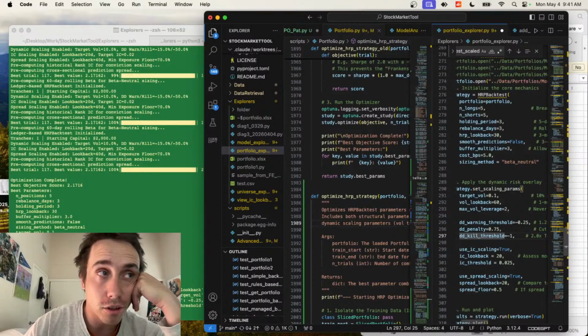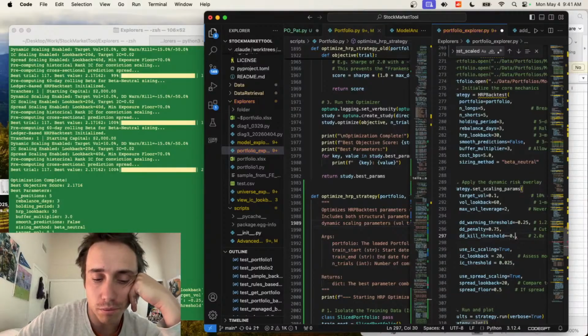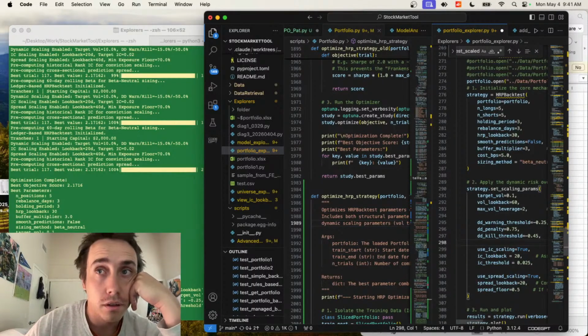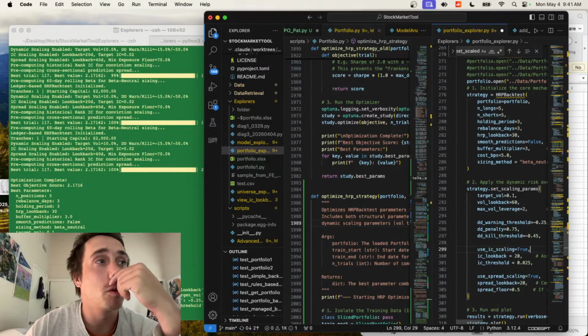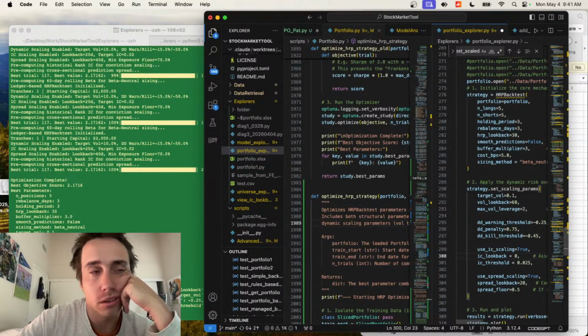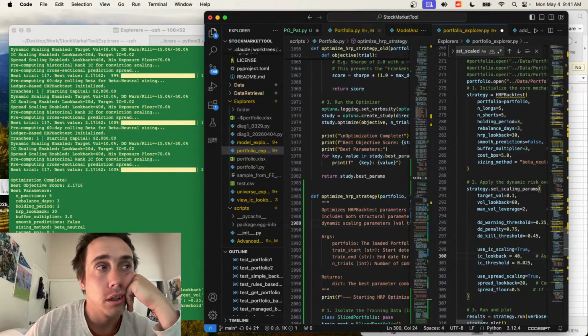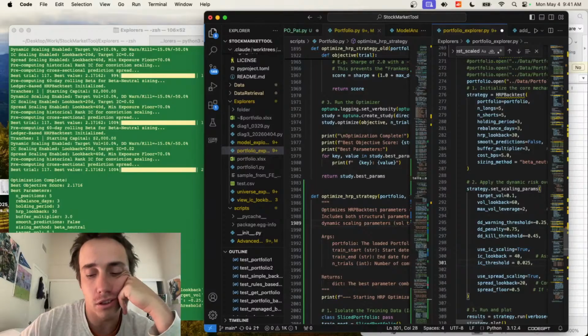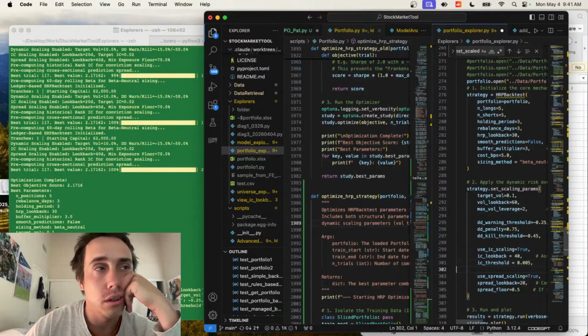So pretty mild drawdown. Drawdown kill minus 0.45. Pretty mild drawdown parameters. IC scaling true. IC look back 40. IC threshold 0.005. Interesting. Spread scaling false.